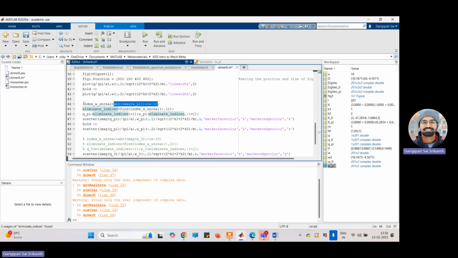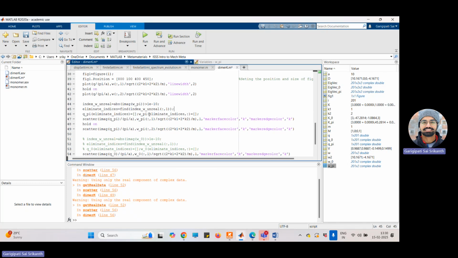This identifies the index. The next step, we convert it into a true false array like zeros and ones. One is true, zero is false. One indicates presence of imaginary.